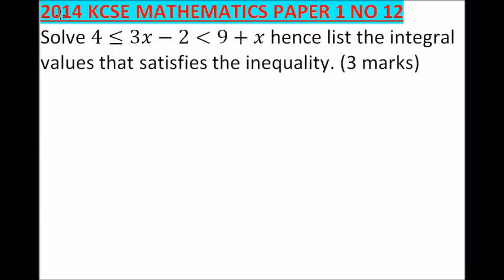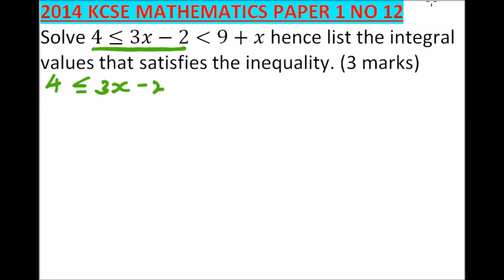2014 paper, number 12, we are told to solve 4 less than or equal to 3x minus 2 less than 9 plus x. Hence, list the integral values that satisfy the inequality. So to do this question, we start by first of all working on this side. So we have 4 less than or equal to 3x minus 2.